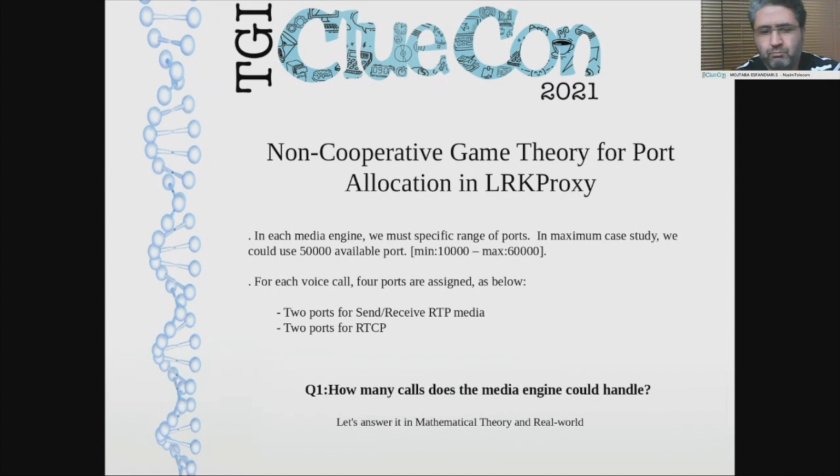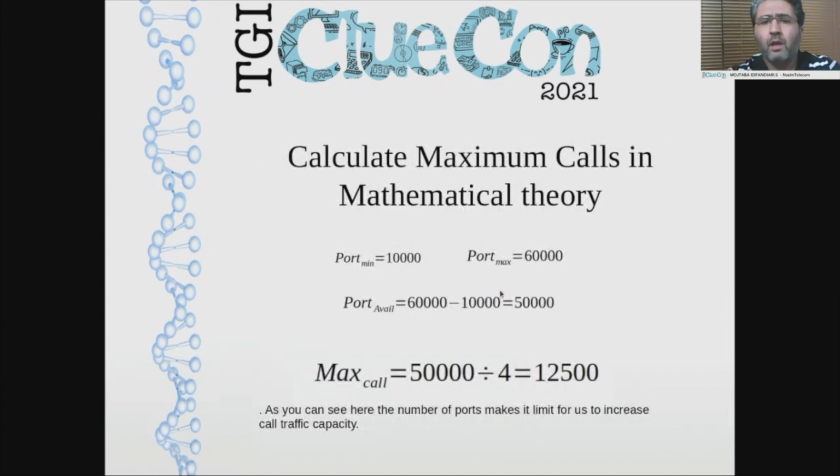Now this question rises: how many calls can the media engine handle? Let's answer this question in mathematical theory and in a real-world situation. For example, we have available ports from 10,000 up to 60,000, so 50,000 available ports in our media server.